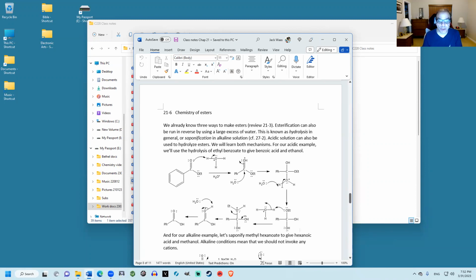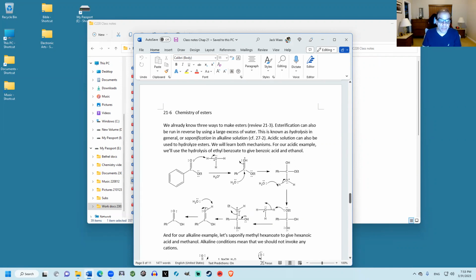So first we use water to pull off this proton and give us this neutral intermediate. Then we use a hydronium ion to put a proton onto the EtO oxygen. That way we'll be able to lose ethanol as a leaving group. And that gives us this intermediate.